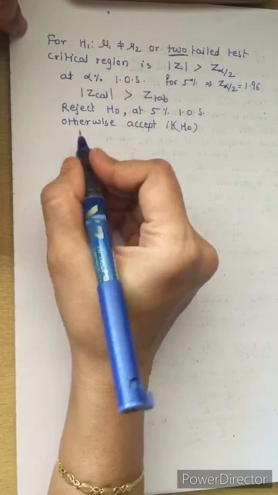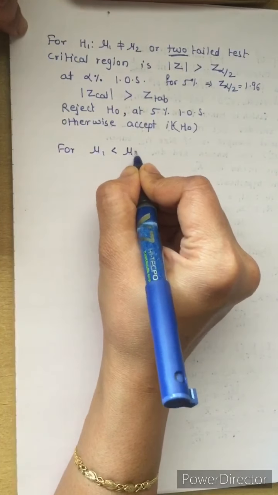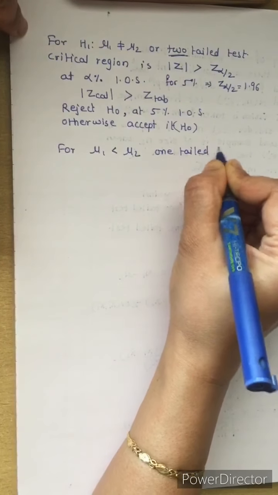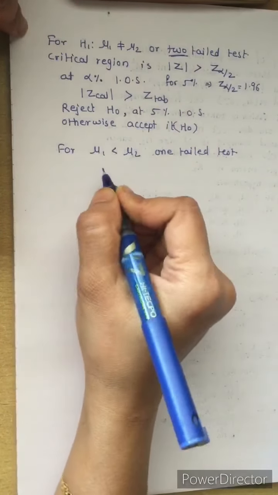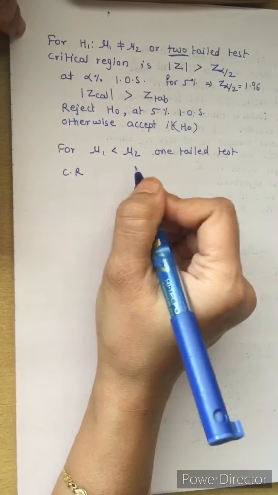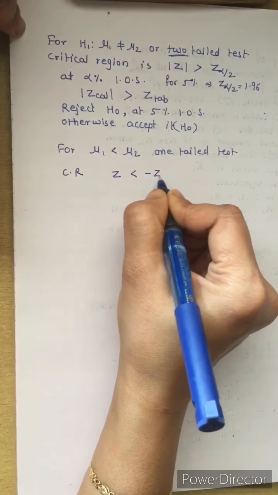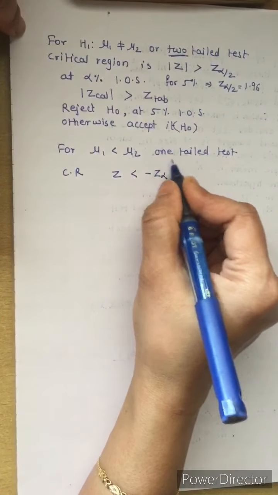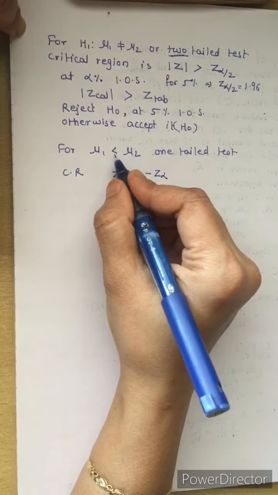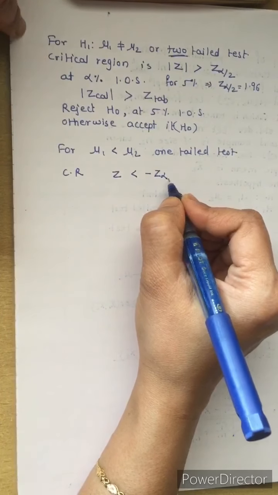Now for the second case, suppose mu1 is less than mu2, it means we consider a one-tail test. So if mu1 is less than mu2, our critical region will become z value less than minus z alpha when you have a one-tailed test. When the less than sign is there, you compare with less than minus z alpha value.